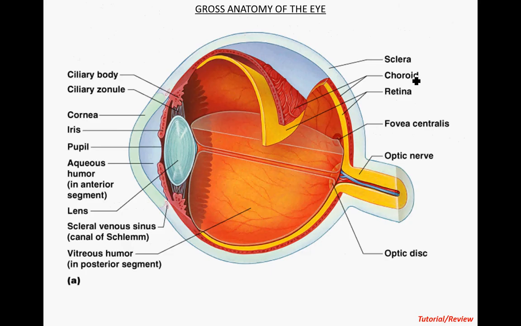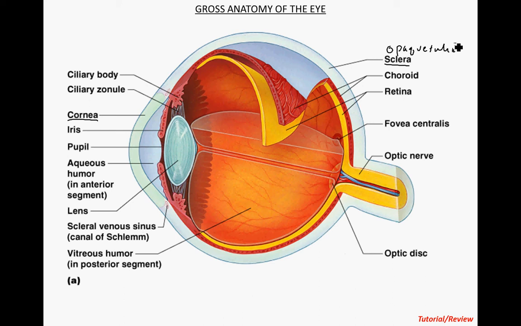So if we look at the sagittal section through the eye, let's first identify the structures involved with the fibrous tunic. So the sclera and the cornea are the two structures that are part of the fibrous tunic. Posteriorly, the sclera is opaque and white, and this forms the white of the eye.